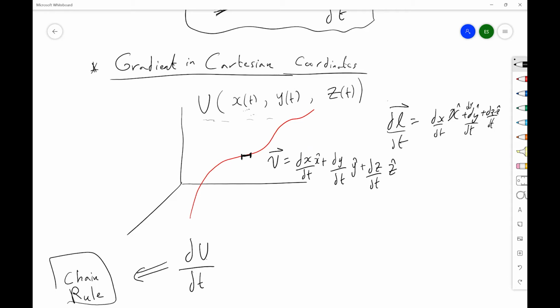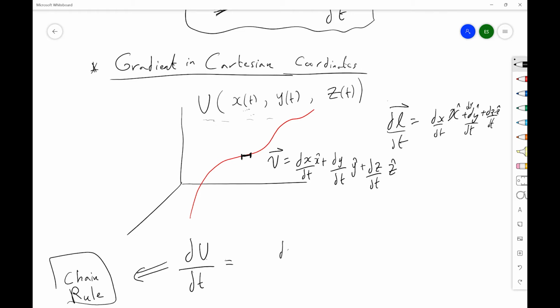When we change t by a small amount, we're changing x by a small amount, y by a small amount, and z by a small amount. But then those three together change u. And from the linearity of the derivative, we can add those small changes together. They're additive. So if I change t a little bit, I'm not changing u directly.